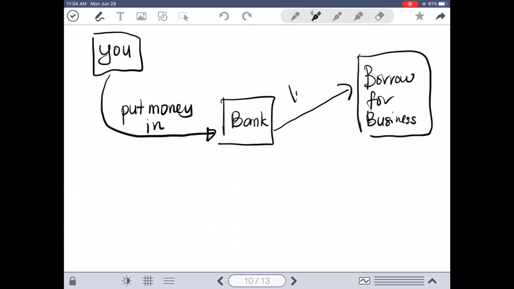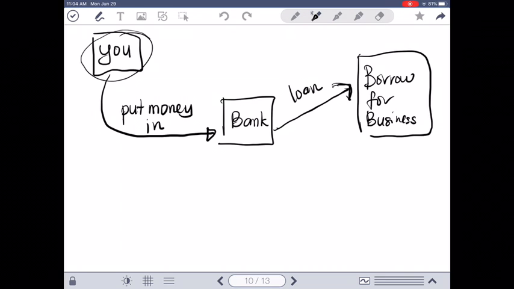This is a loan. When the bank lends to this person, they are basically using your money to give to the person who wants to borrow it.